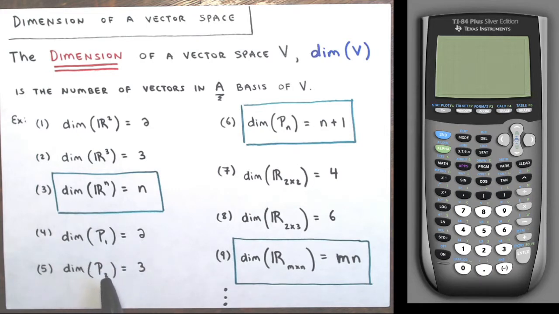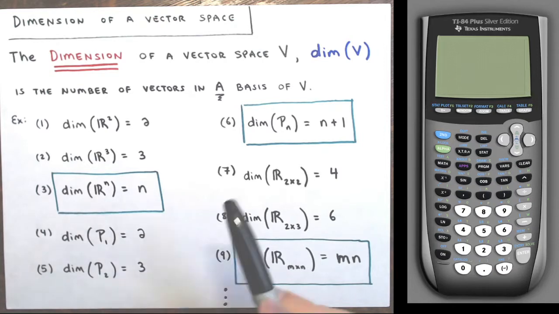Any basis for P1 will have 2 vectors in it, 2 polynomials. The standard basis we saw earlier for P2 consisted of 1, x, and x squared. That's 3 polynomials. The dimension of P2 then is 3, and any basis for P2 will have 3 vectors in it.